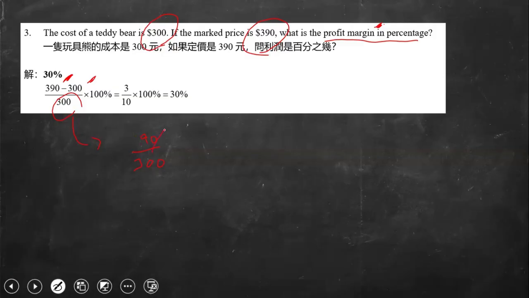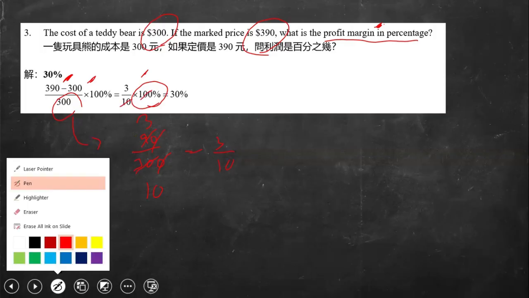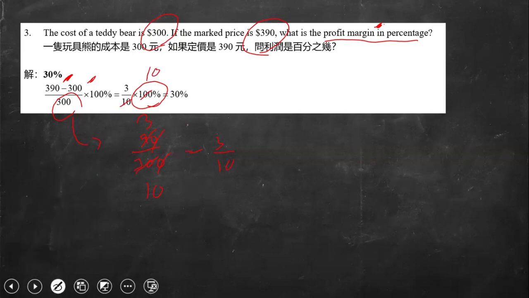Just canceling out, you'll get 3 over 10. That's how we got this. And what's 3 over 10 in percentage? We need to multiply by 100%, so that it becomes 30. Okay.